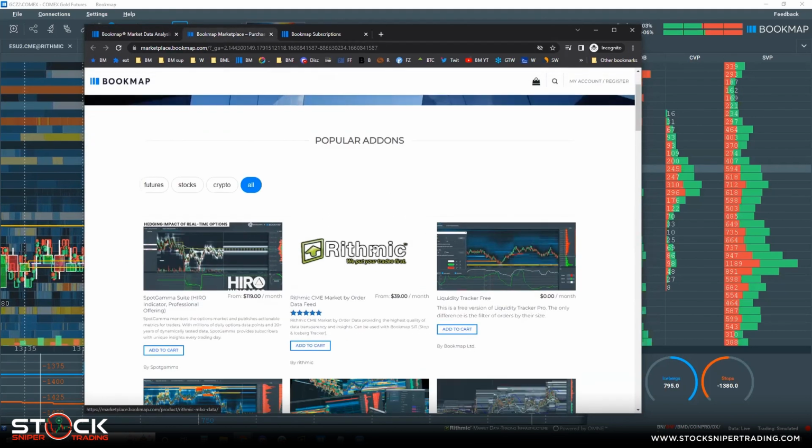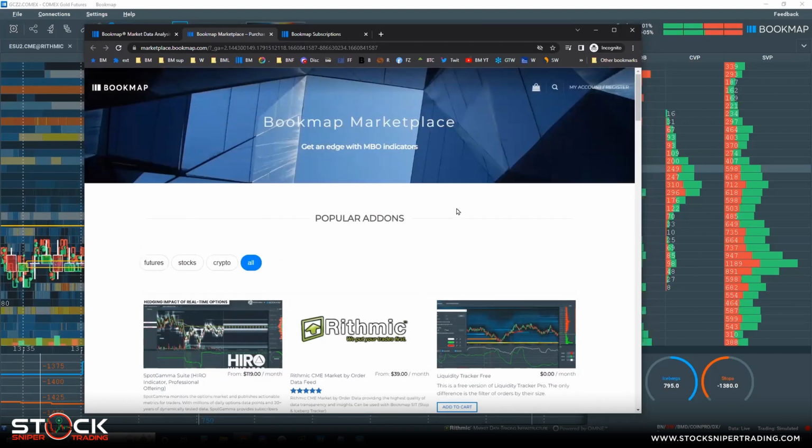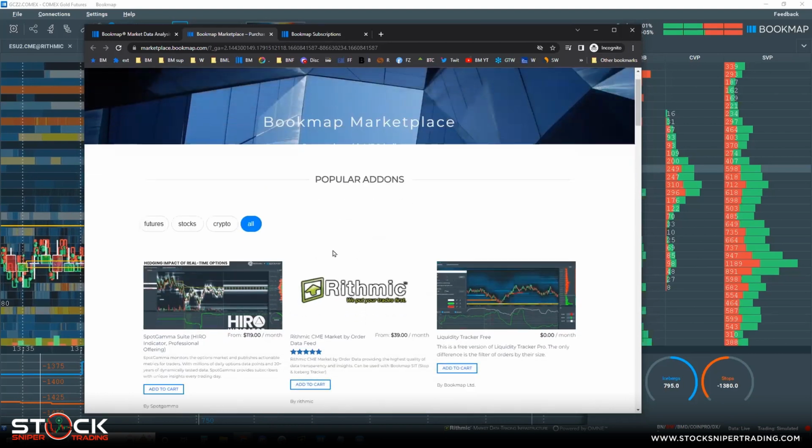Now, it depends on what kind of package you want from Rhythmic. This is not from us. This is the Bookmap marketplace. So this is a structure for third-party vendors. So maybe Stock Snipers comes up with a proprietary indicator, which maybe they would want to sell here in the marketplace.